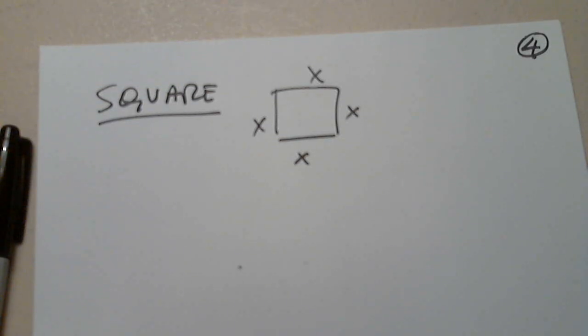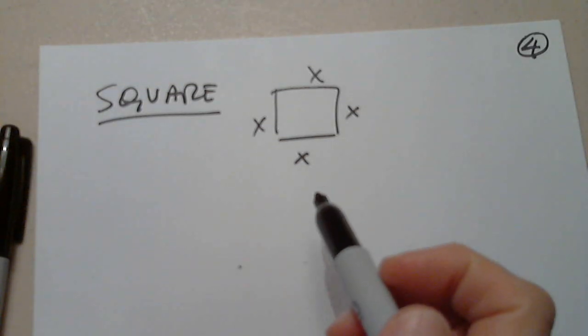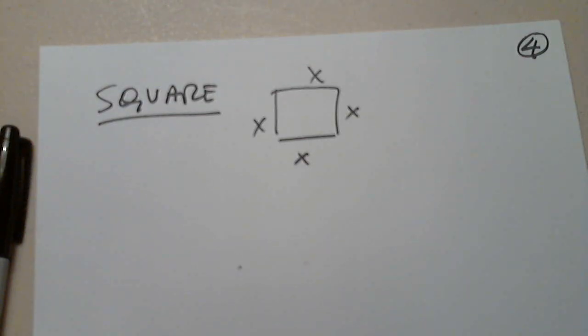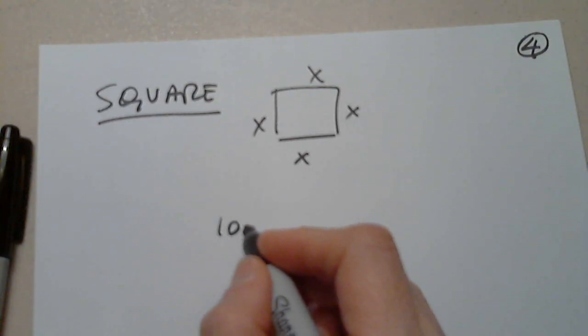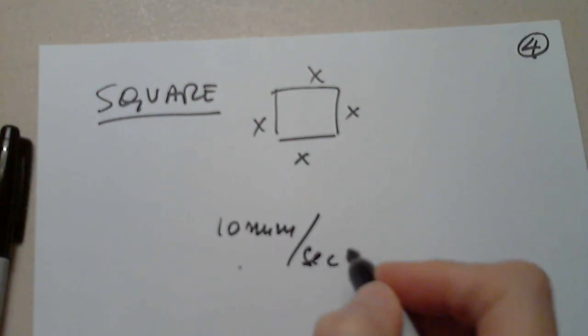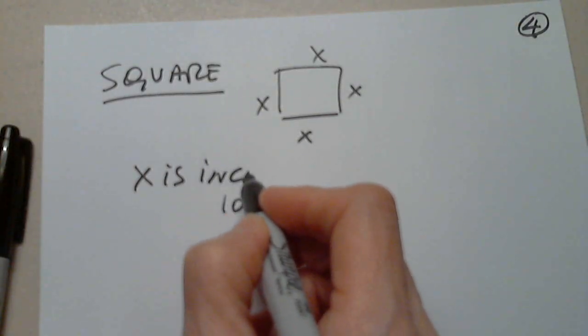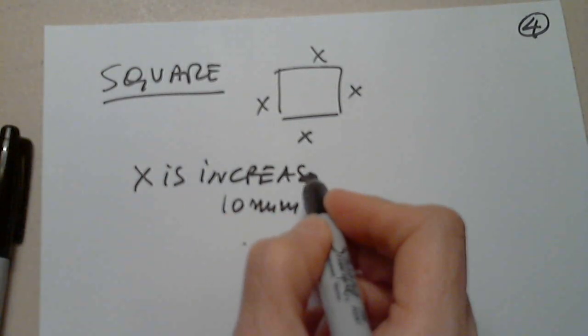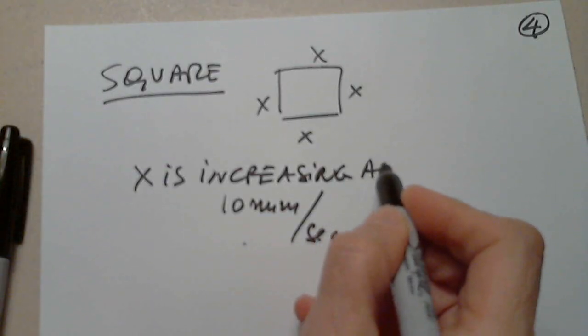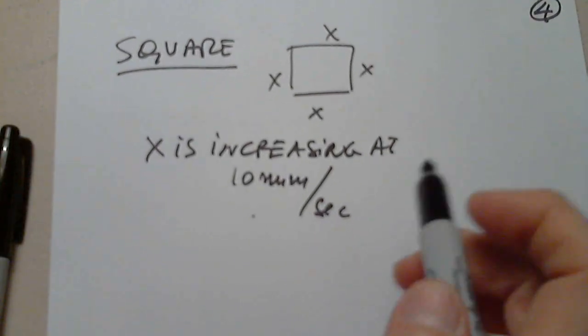And let's say I'm told that the side is increasing at 10 millimeters per second. So x is increasing at 10 millimeters per second.